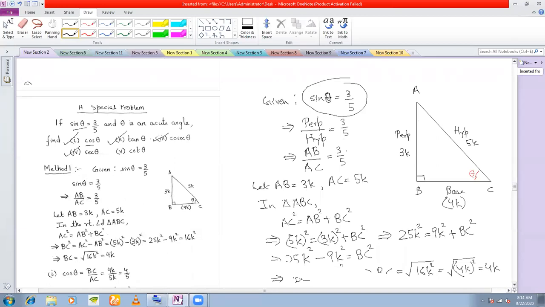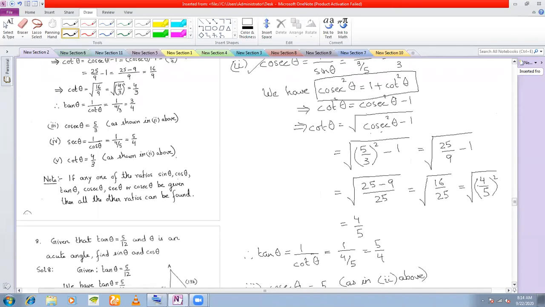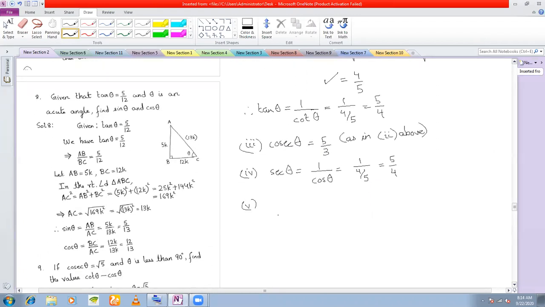Next last is cot, and cot we have already found out here. If you see cot, we have found this to be 4 by 5. In order to find tan, we had found out cot. So cot has already been found.